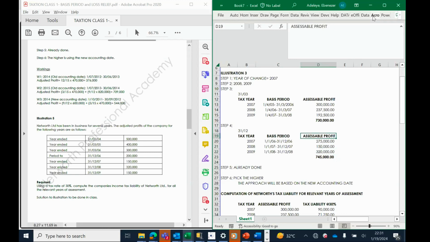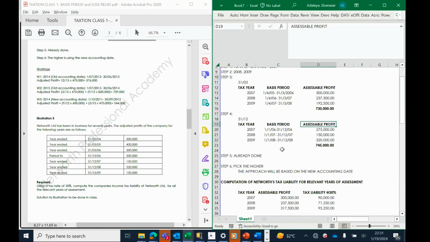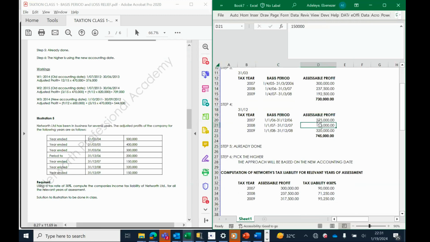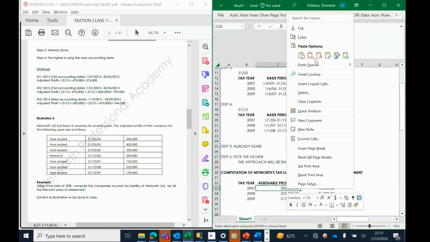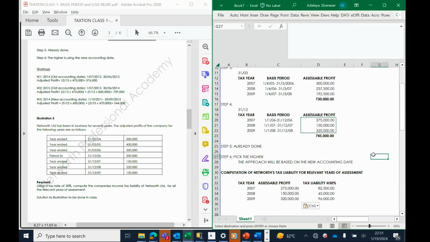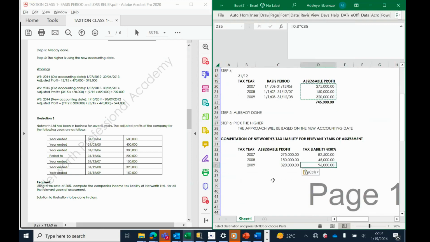So the tax liability we are going to compute will be based on the new, right? So what we have to do is just release this and replace it with this. Okay, so this is correct now. Our tax liability will now be computed based on the new accounting date because it is higher.